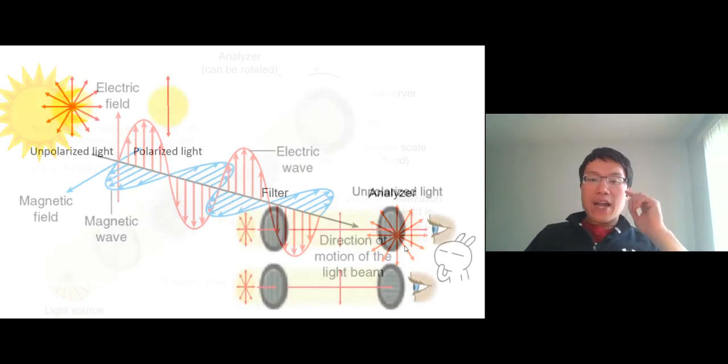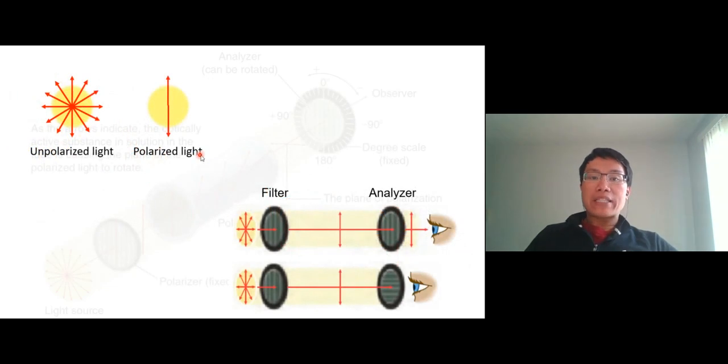Now we can convert unpolarized light to polarized light, which has just one plane, using a filter. Let's say unpolarized light passes through the filter. If the slit of the filter points up, the polarized light that comes out points up.